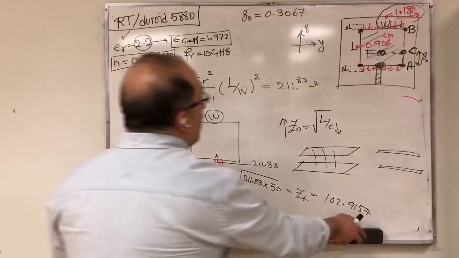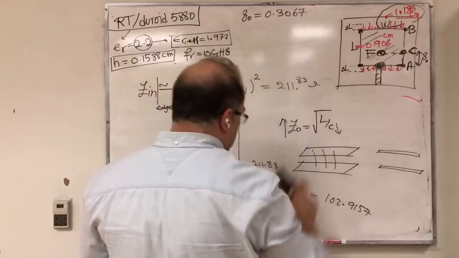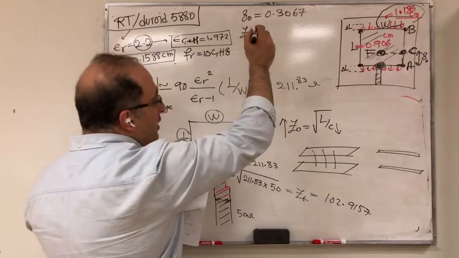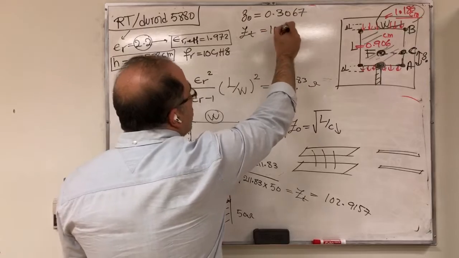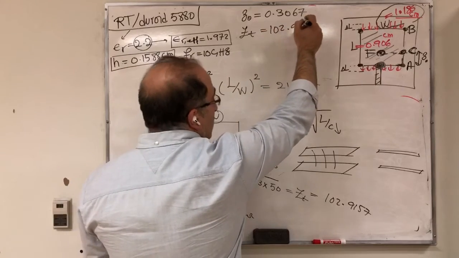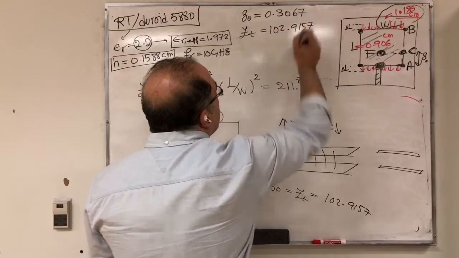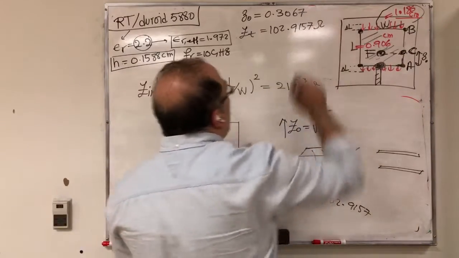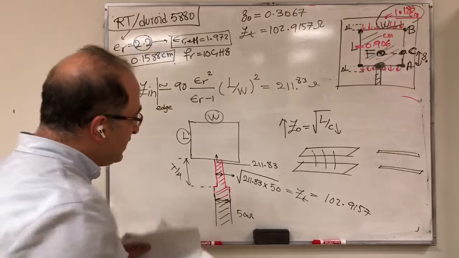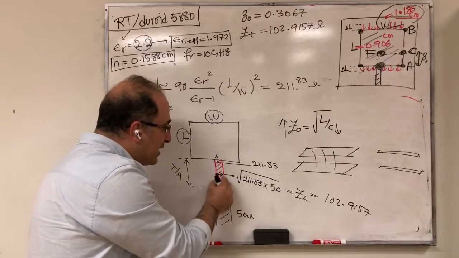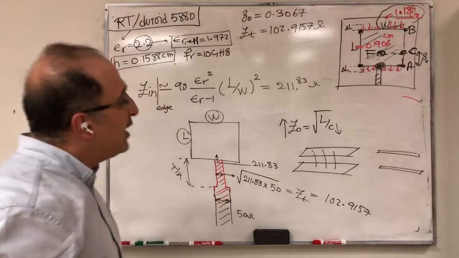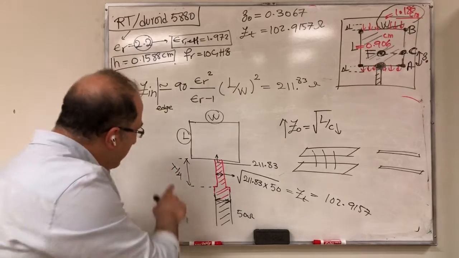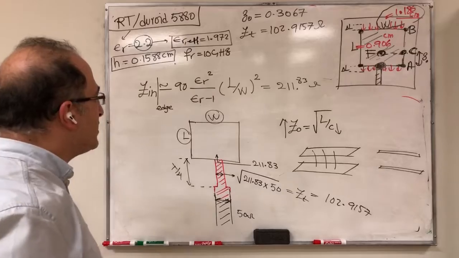Maybe I can also write it here so that we have a record of it: Z transformer should be 102.9157 ohms, of course. As you see, this is greater than 50 ohm, so as we said, the width would be thinner. So that's our ZT.